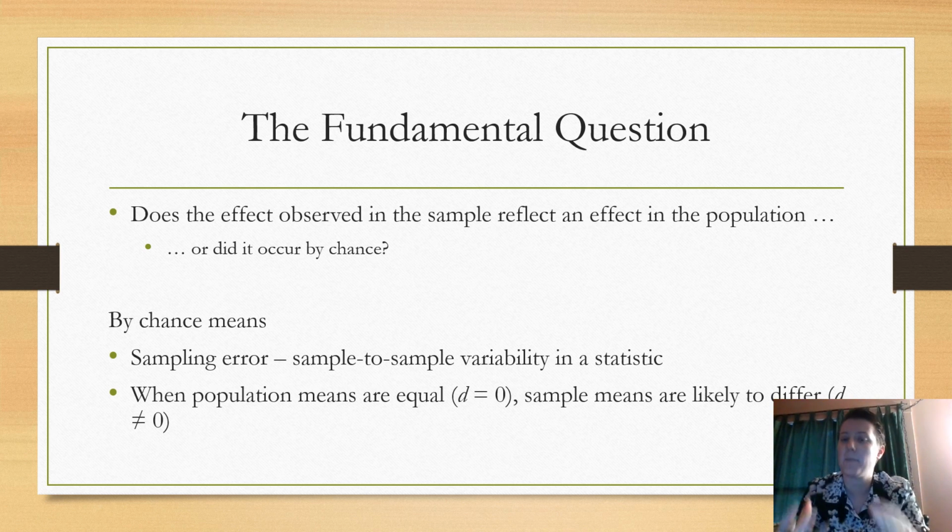When we say that our populations are equal, so if we were to take the population mean of everyone who took a loud test and the population mean of everyone who took a quiet test, and they're equal, chances are when you select samples from both of those populations, they're not going to be exactly the same. You can have the population means be fairly similar, not much of a difference between them.